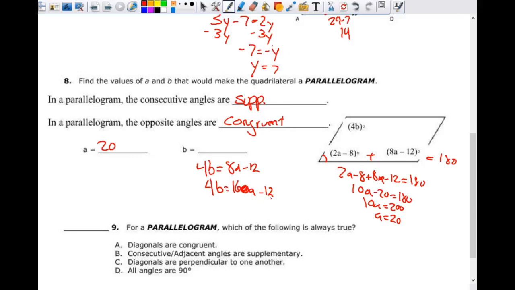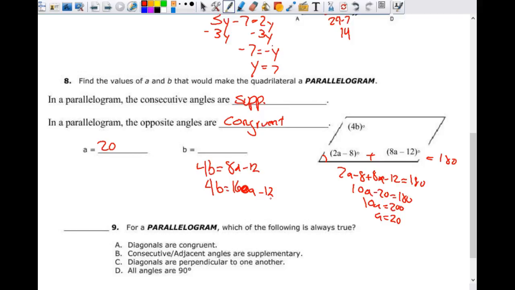Now we're going to, that doesn't seem right. a is 20. Okay, that's right. What? Hold up. That's 20. It's 180.